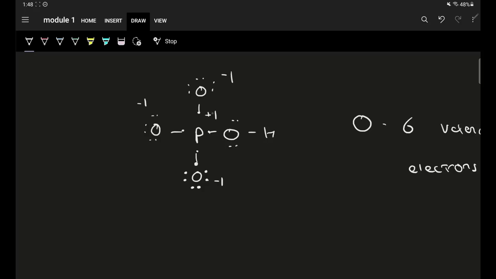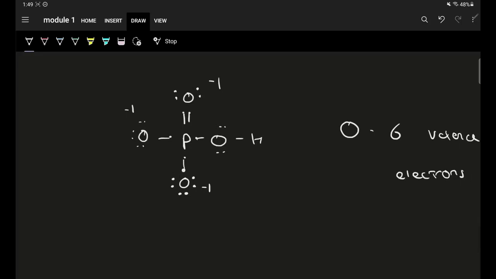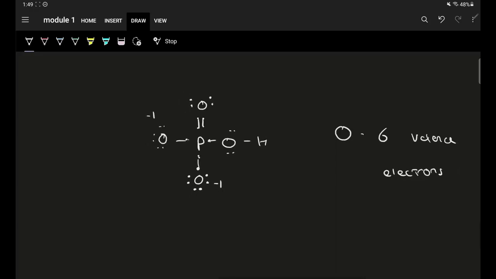What we can do is bring one of these lone pairs down to form a double bond with the phosphorus. If we look now, there are 1, 2, 3, 4, 5, 6 electrons directly touching this oxygen, abolishing the charge, and there are 1, 2, 3, 4, 5 electrons directly touching the phosphorus, leaving it with a neutral charge.